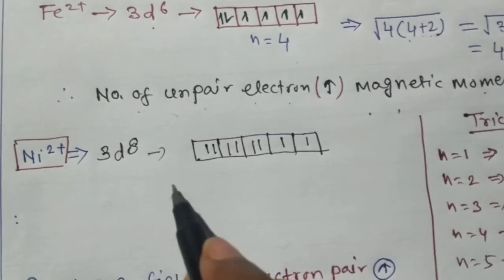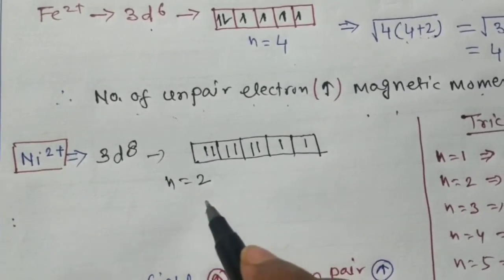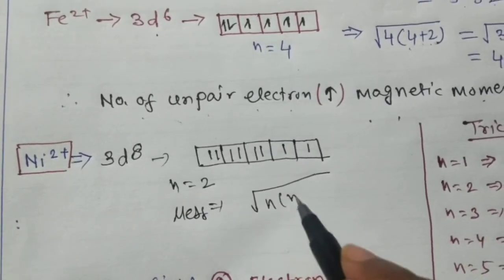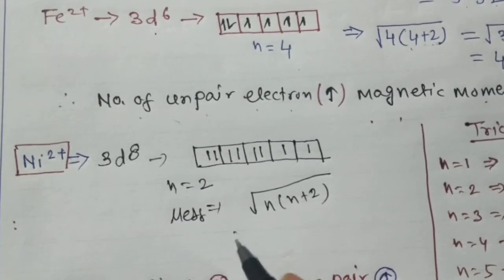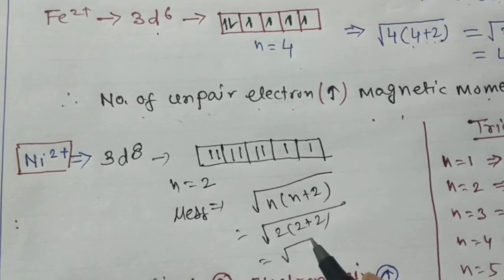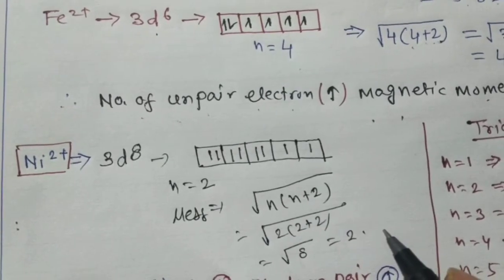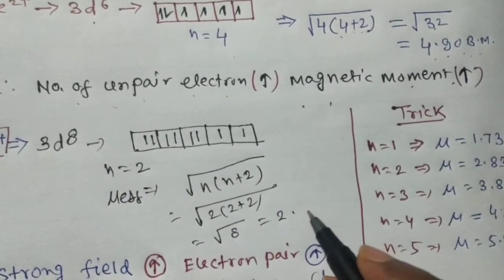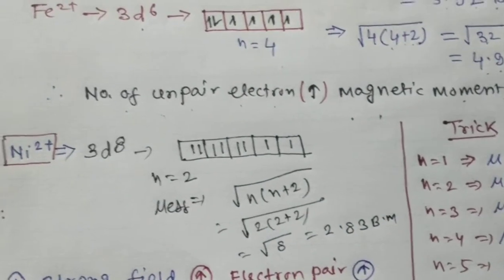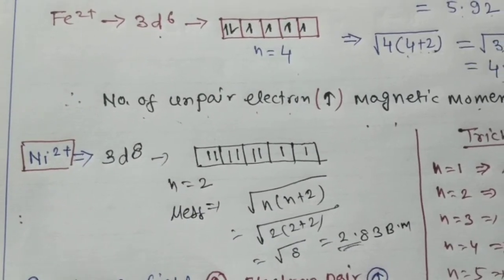So 2 unpaired electrons are present, so n is equal to 2. Mu eff is equal to root over n into n plus 2 is equal to root over 2 into 2 plus 2, root over 8 is equal to 2.83 Bohr magneton. That is the calculation of the 3d orbital, nickel 2 plus magnetic moment 2.83.